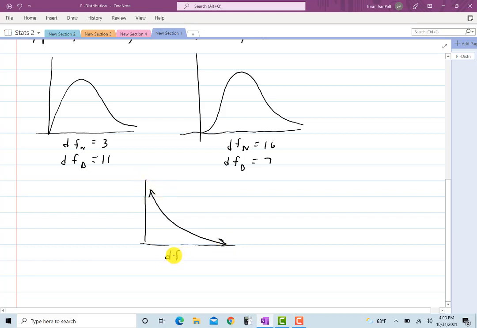That was when the degrees of freedom in the numerator was 1, and in the denominator was equal to 8. Now, no matter what, the area under the curves is always 1.